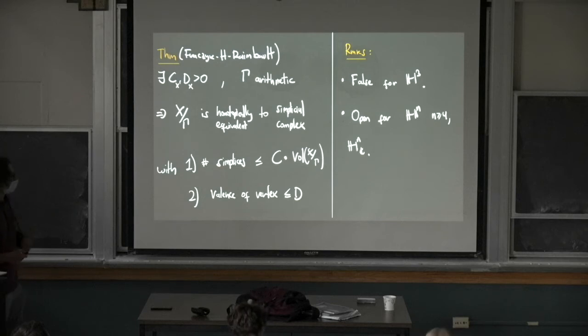So it's false for non-arithmetic, but it might be true in general. It might be true for any lattice in complex hyperbolic space, where there are examples of non-arithmetic ones.